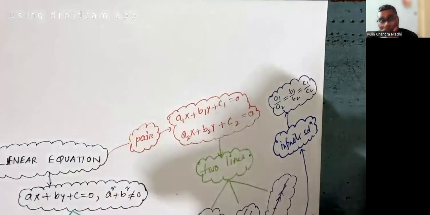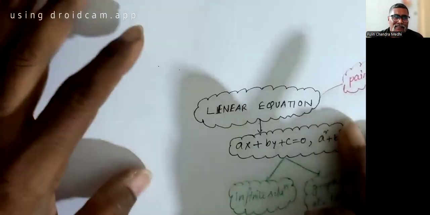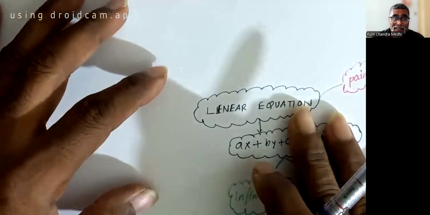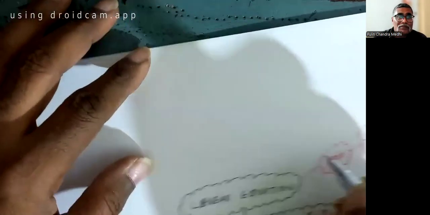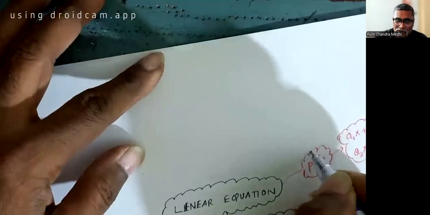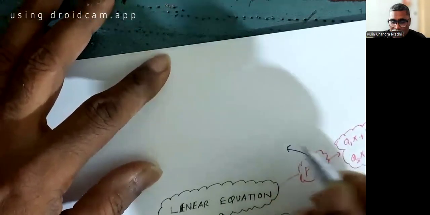Okay. What else do you now need to recall? Let me try to recall the methods of solution. Of course, we may not write the methods here because without a problem we cannot write. So I'm just writing like this. We'll talk about the pair, because we are talking about the method of solution of linear equations in two variables.